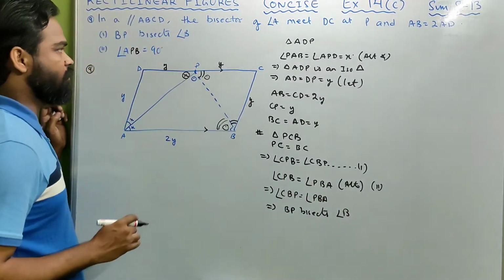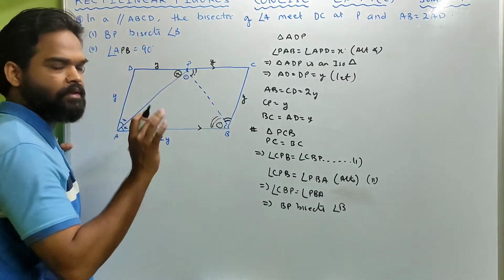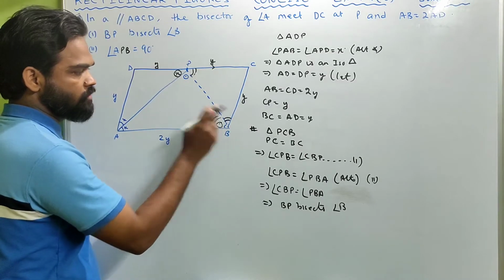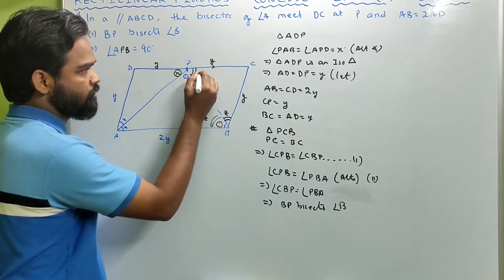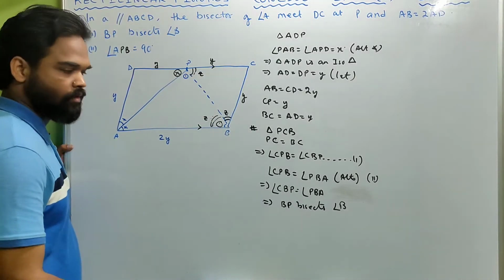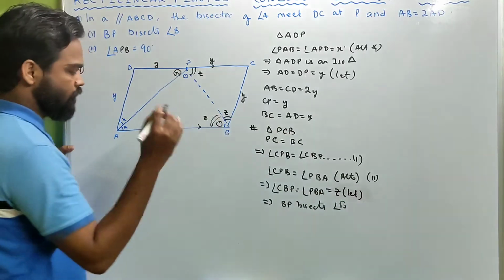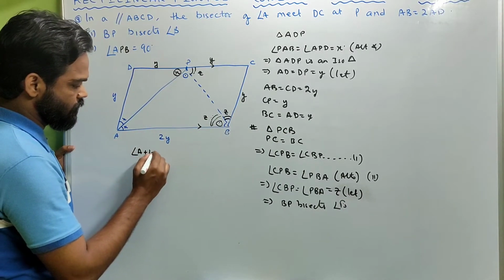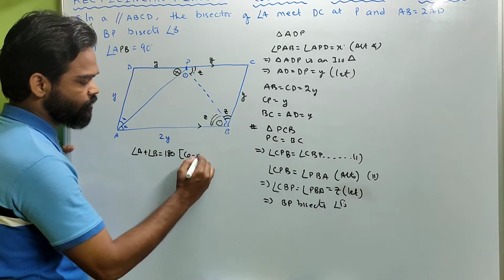Done, the first part. Now we need to prove that angle APB is 90 degrees. Pretty easy. Look over here, these two angles are equal and these two angles are equal. So if I take this as Z, this will be Z, this will be Z, no doubt in that. Now look carefully. Angle A plus angle B is 180 degrees, co-interior, they're supplementary.